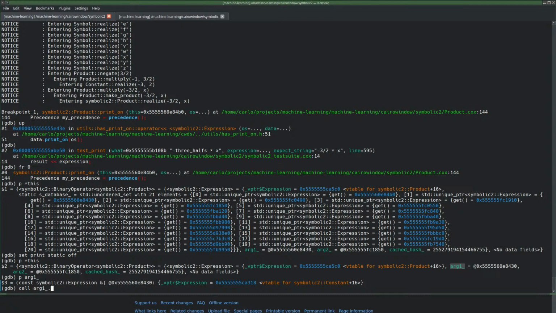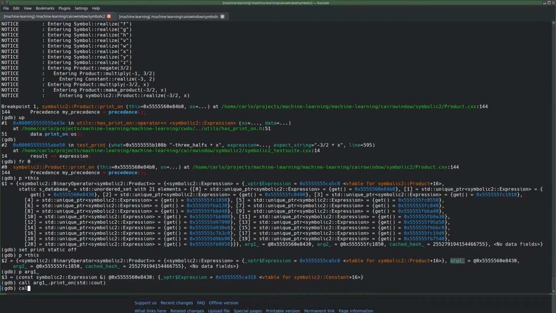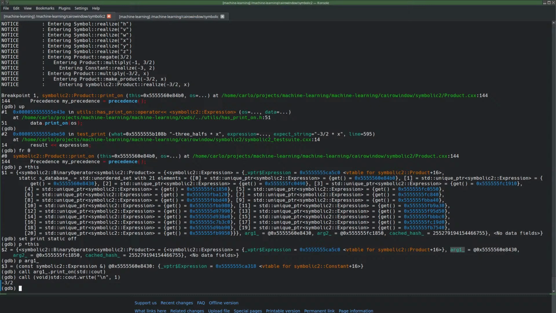Call that dot print on standard cout, and then call void standard cout dot write a new line. It is minus 3.5.